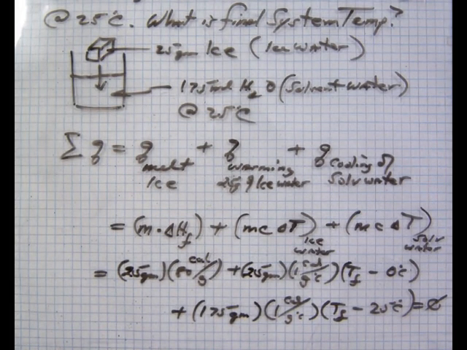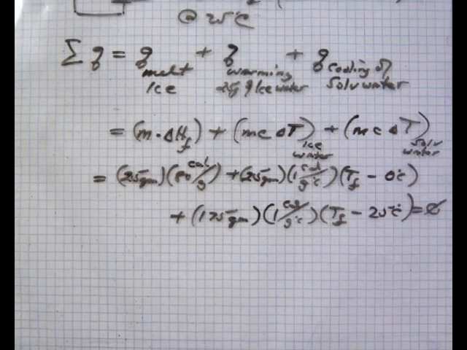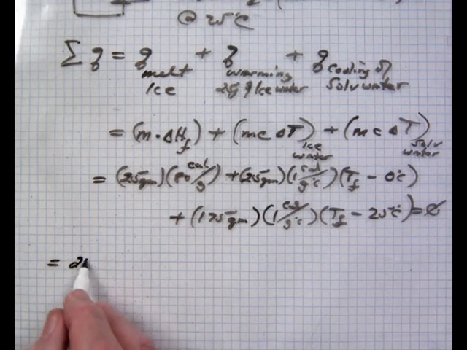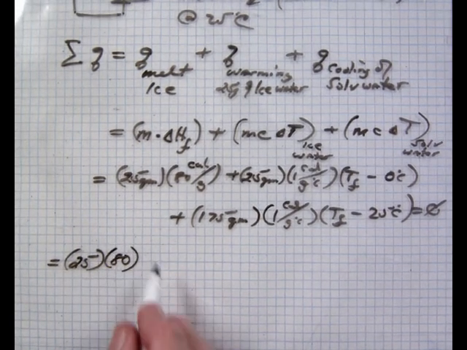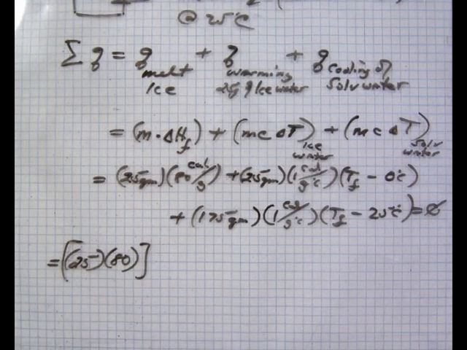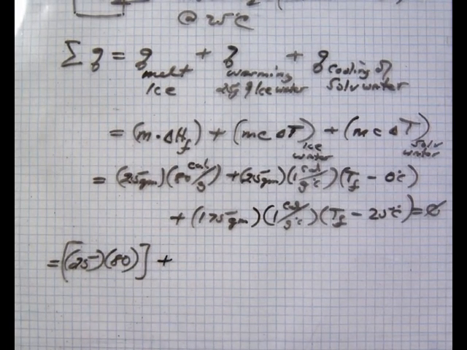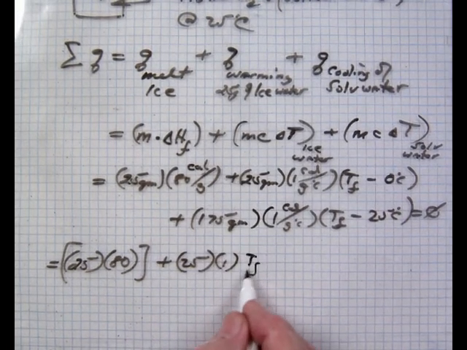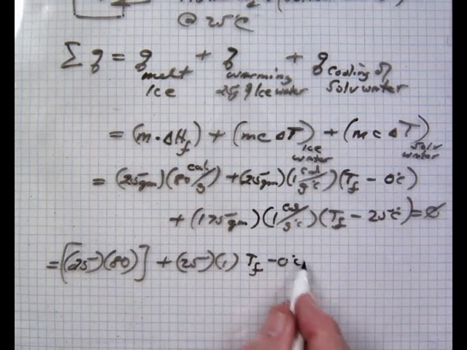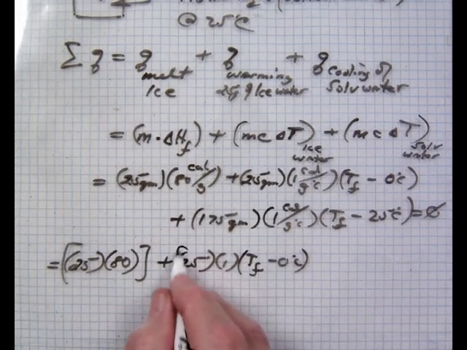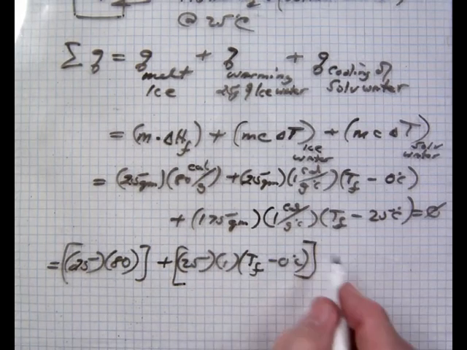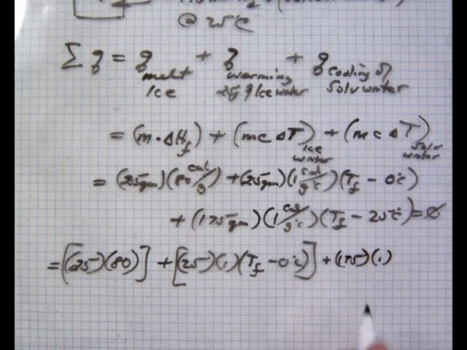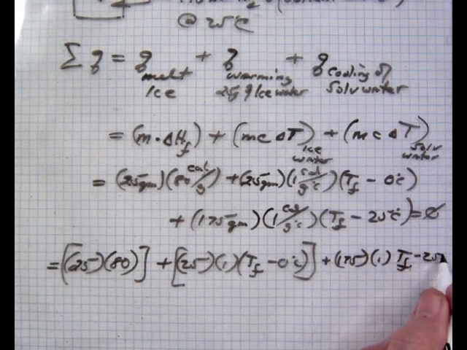Drop out the units now and solve your algebra. And I'll move it over here a little bit, try to get everybody together. 25 times 80, so that's melting the ice, plus 25 times 1, TF minus 0, and that's the warming of the ice water, and then plus 175 times 1, TF minus 25.